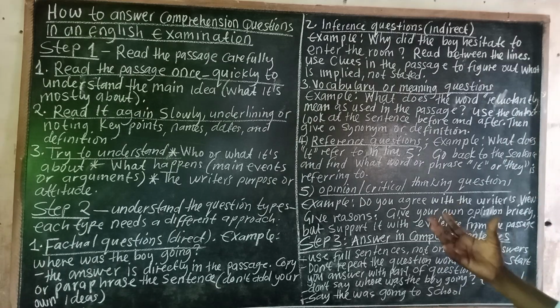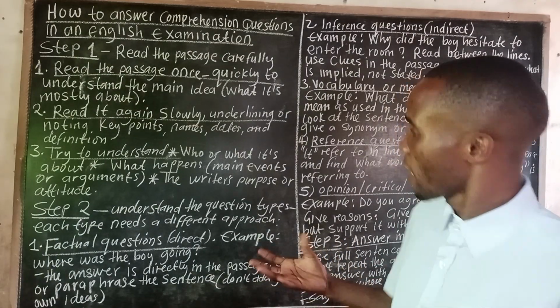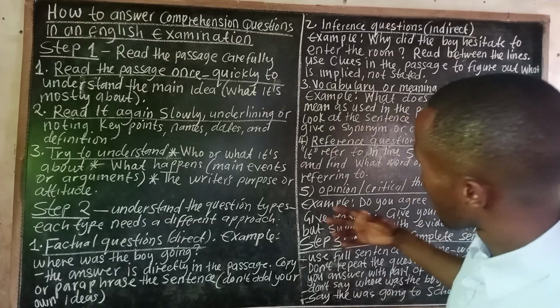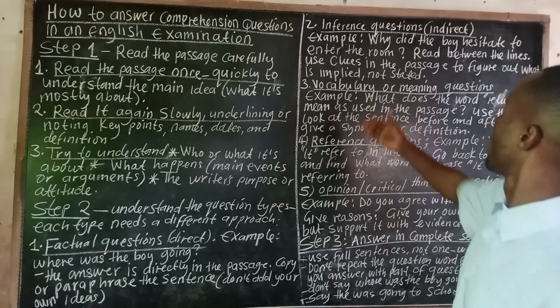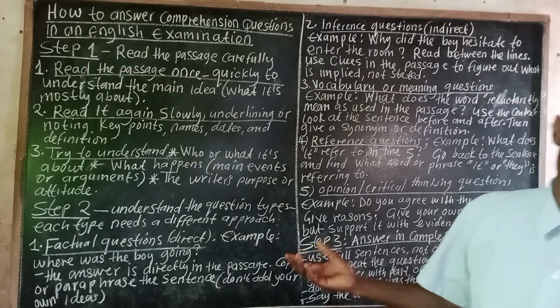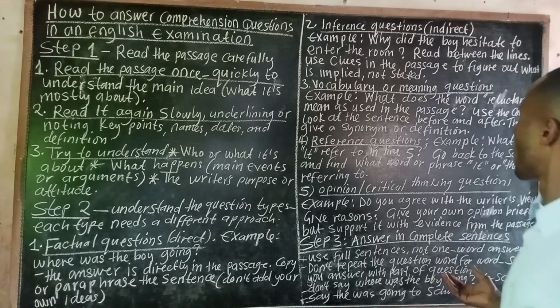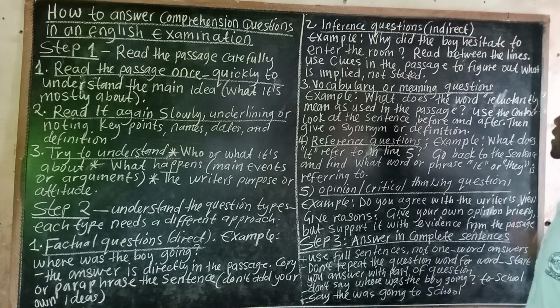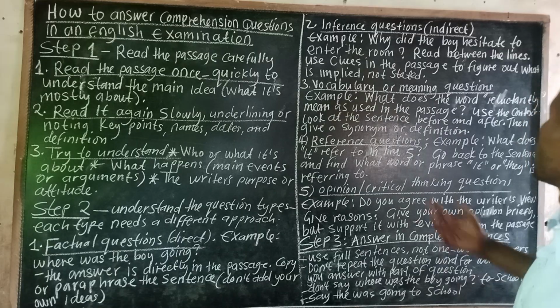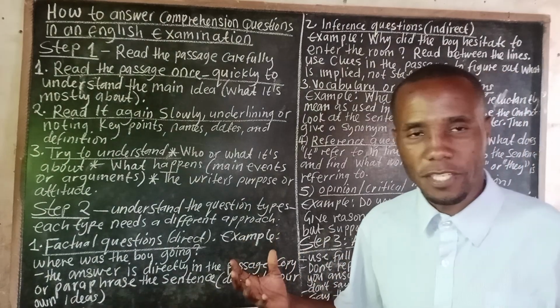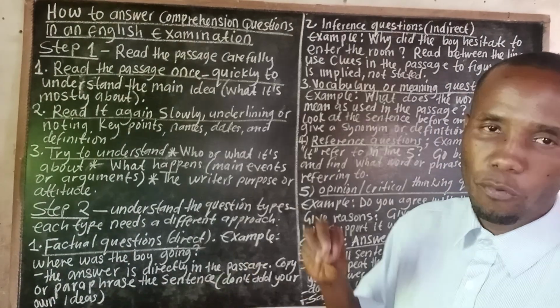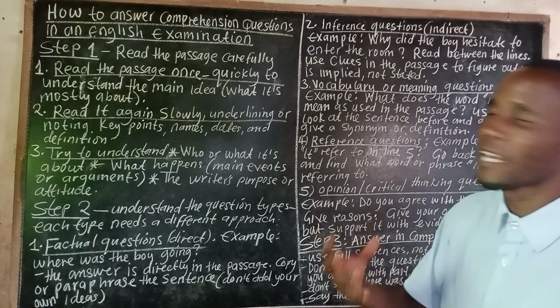Then the other type of question that comes under comprehension, we have vocabulary or meaning questions. What are these questions? Example, what does the word reluctantly mean as used in the passage? There are such questions. These are vocabulary questions. How can you answer such questions?